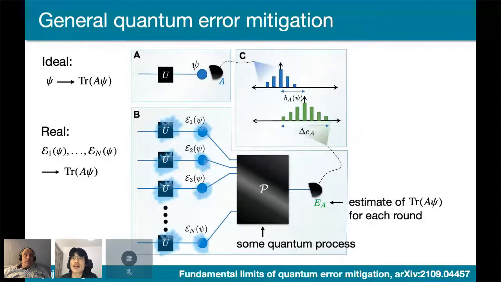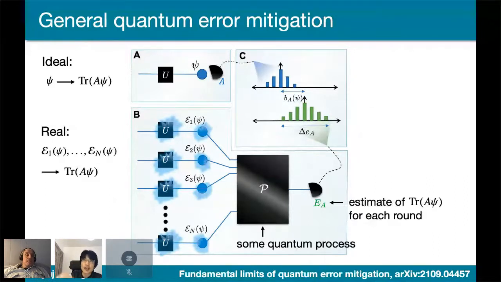And you will get some estimate, E_A, of the expectation value of trace of A psi. So this E_A is a random variable that serves as an estimate of the expectation value of trace of A psi.